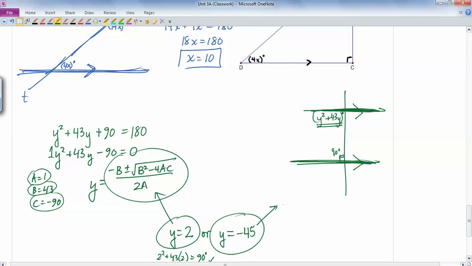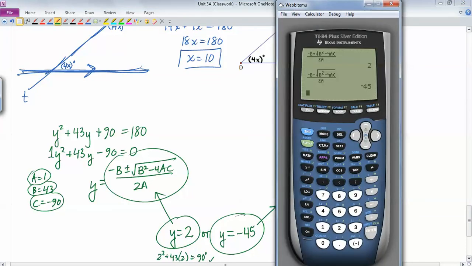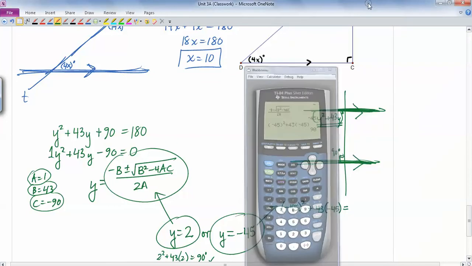Well, this one, if I plug it in, I do negative 45 squared. You got to put the negative 45 in parentheses, by the way, plus 43 times negative 45. And it turns out if you plug that into your calculator, negative 45 squared plus 43 times negative 45, you still get positive 90.